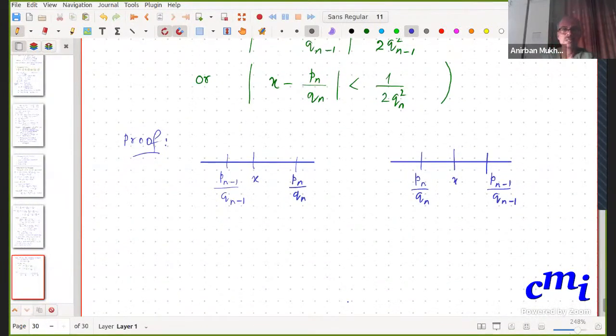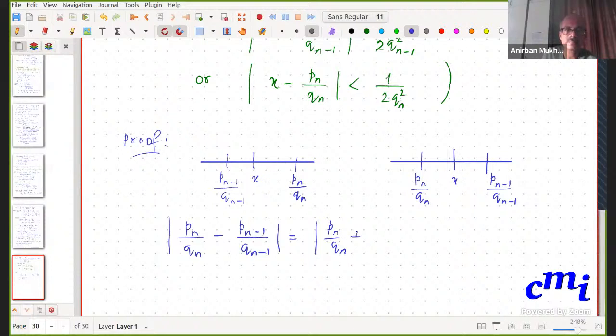But whatever be the situation, we can write the following: Pn by Qn minus Pn minus 1 by Qn minus 1 in absolute value is equal to, so x is always between them, the sum of the distances between the convergents and x.